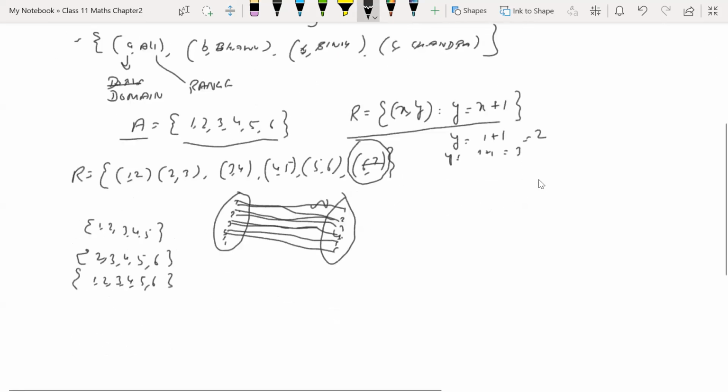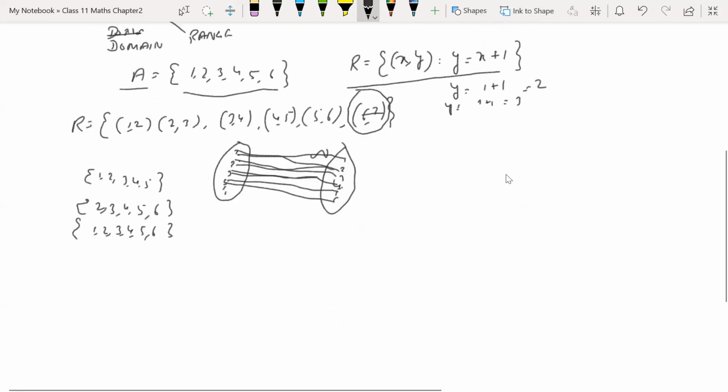Now there is a figure given in your chapter like this.